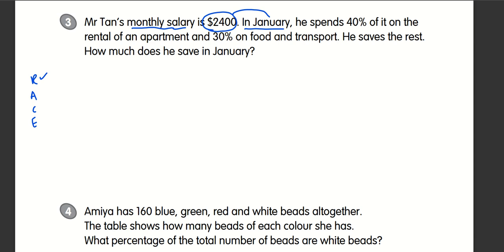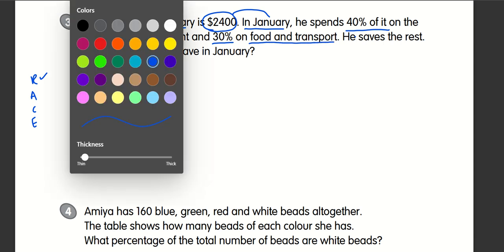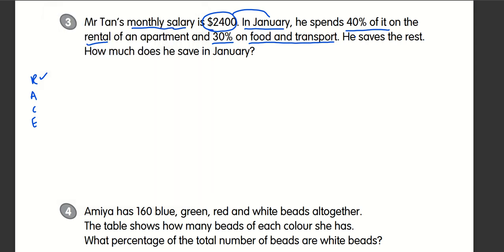And then he spends 40% of it on the rental of an apartment, on rent, 30% on food and transport. And then the last part here, which is the most important part, because he's going to save the rest. And this is the part that's being asked. How much does he save in January?